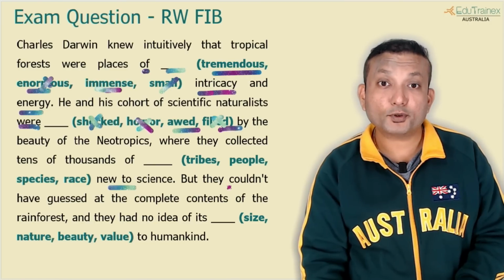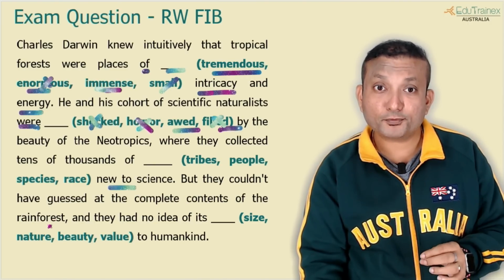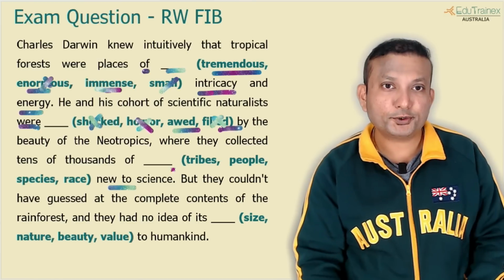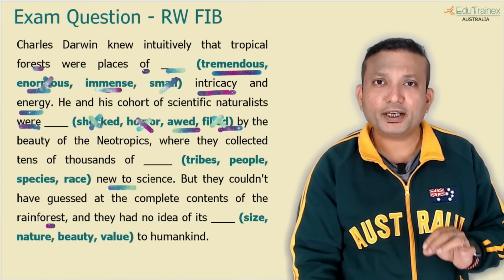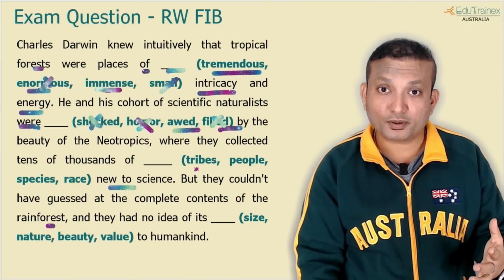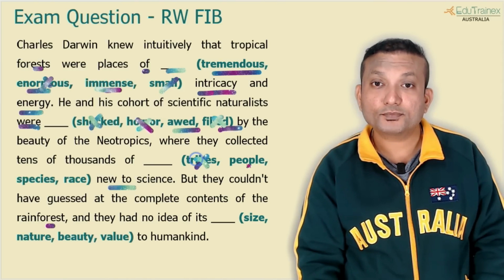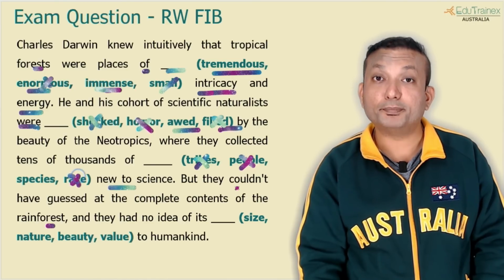We may find tribes or people, but they couldn't have guessed at the complete contents of the rainforest. Again, forest. It's hinting to you multiple times towards forest, forest, forest. They have not given you any hint towards finding people or tribes. No talks at all. So why are these words given? You have to eliminate it. Again, race is also related to people.